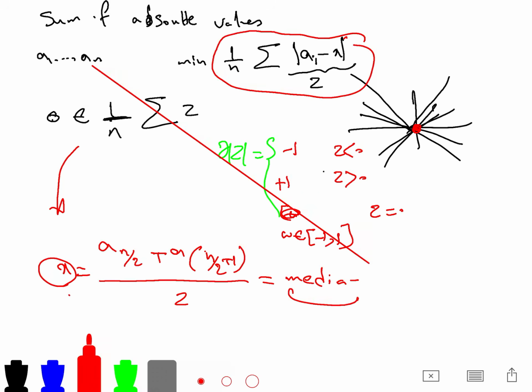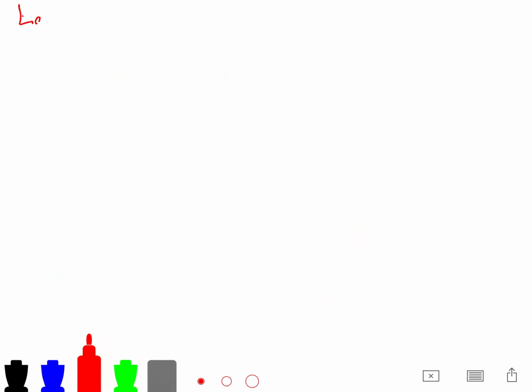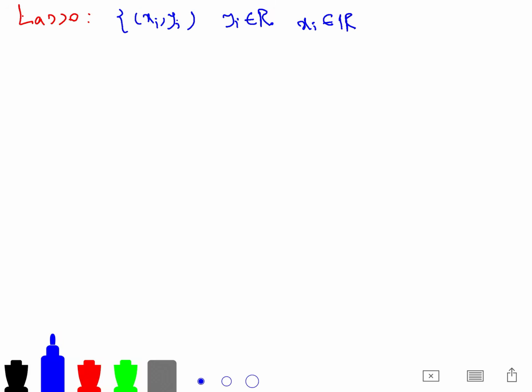The final example I want to show you is the Lasso problem. You have some points, again in machine learning or statistics. x_i is again your feature vector of size d, you have n observations, i from 1 to n, and the feature size is d.